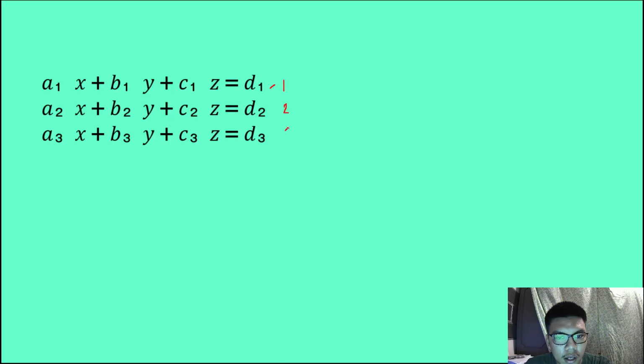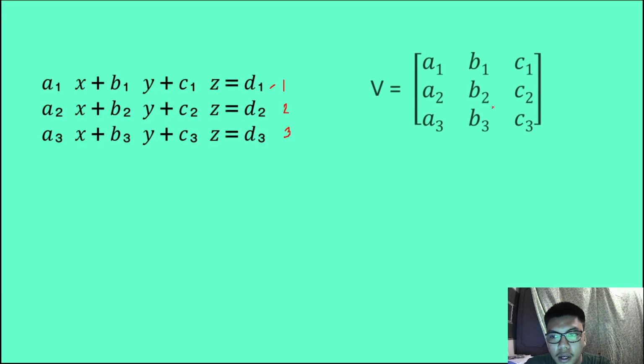Now, how to arrange? So, ito yung ating equation, di ba? Equation 1, 2, and 3. So, arranging that into a rectangular array. So, this one will be the how it is being written, ano? So, this is what we call the coefficient matrix. Okay? So, ganyan siya, ano?